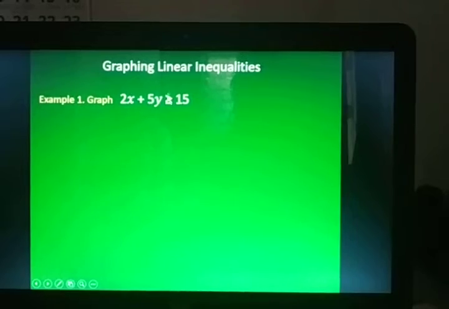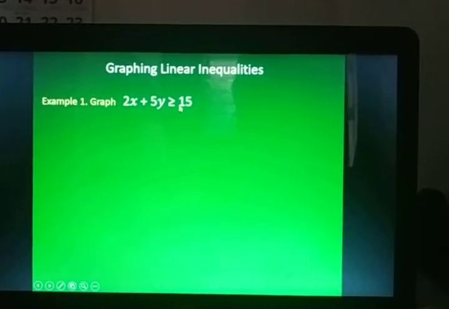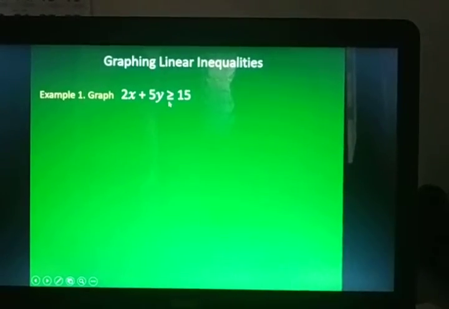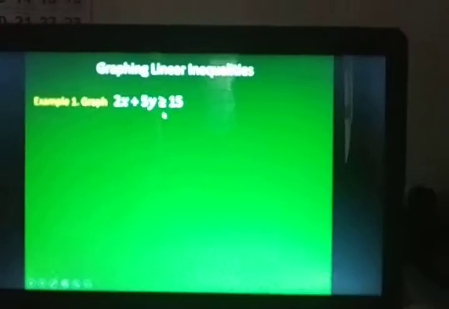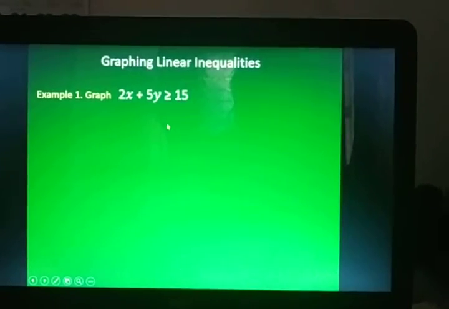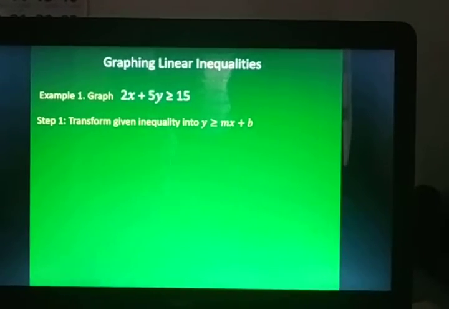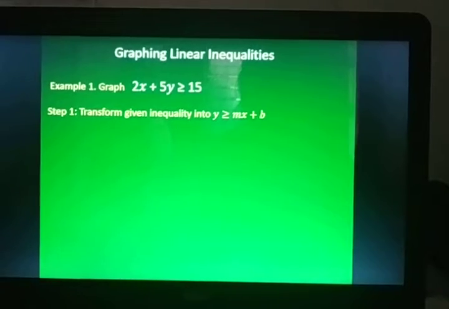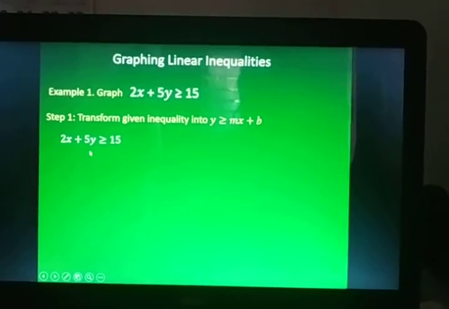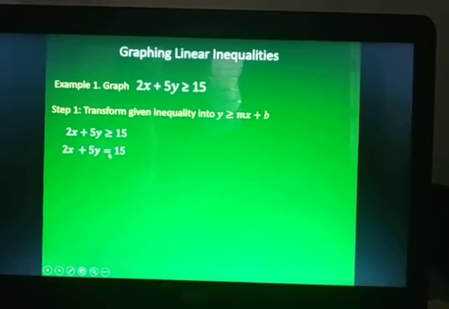So this is a linear inequality because it uses the linear inequality symbol less than or equal to. Class, when you will graph this, himuunta ni siya na equal sign. Dapat amogin na siya, himuunta na equal sign. Okay? So that's, we have to transform this given inequality into slope-intercept form, pero linear inequality siya. 2x plus 5y is greater than or equal to 15 will become 2x plus 5y equals 15.